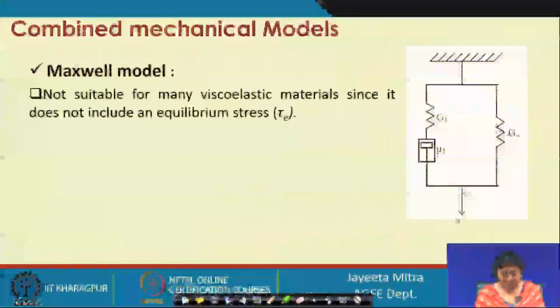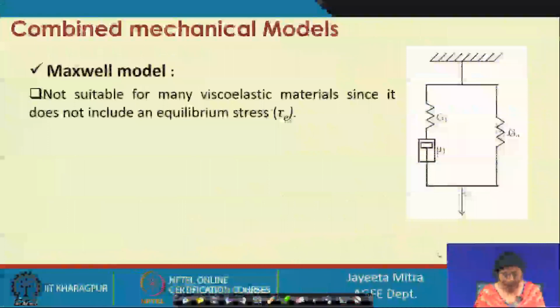Here we can take tau E as the equilibrium stress, because the Maxwell model may not be suitable for many viscoelastic materials, since it does not include the equilibrium stress.